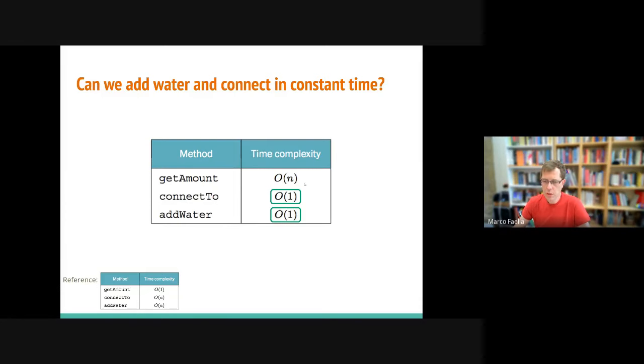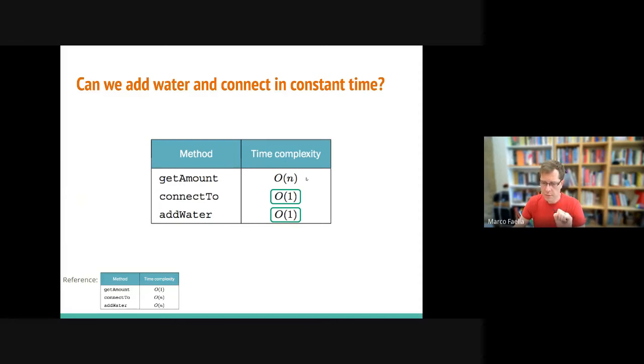Can we do in constant time both connect to and add water, but while making get amount slower? This is exactly what I was calling alternative to earlier. Okay, so this is reference. Can we do this when these two are better and this one is worse than before?